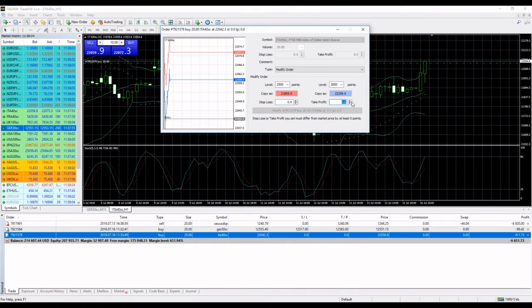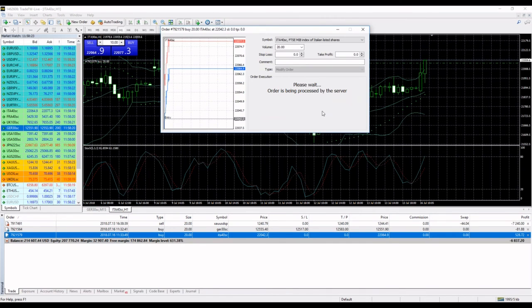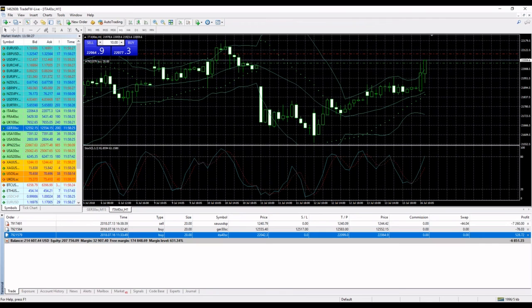It just crossed 22,000. 22,099 is my take profit. Let me see, and my stop loss. It looks quite good. We are making right now $528 on Italy 40.